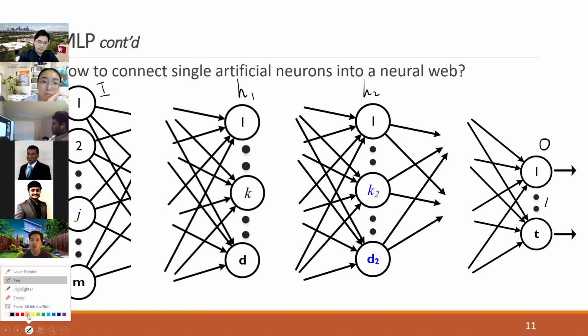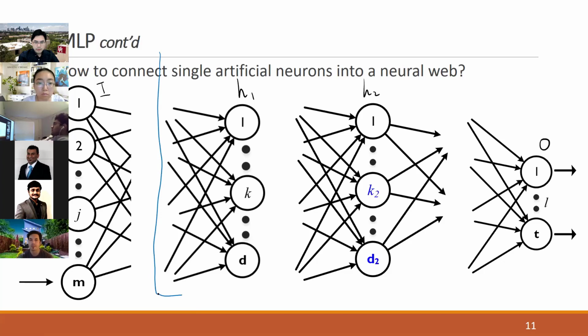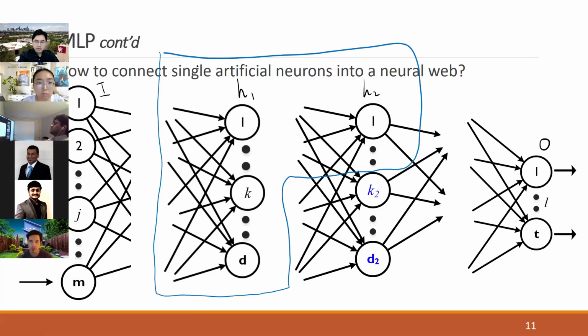Now it becomes more complex. Even with a complex structure, let me use a color that is easier to see. Okay. Even if it's a complex structure, if you focus your attention only on these parts, you have two layers.